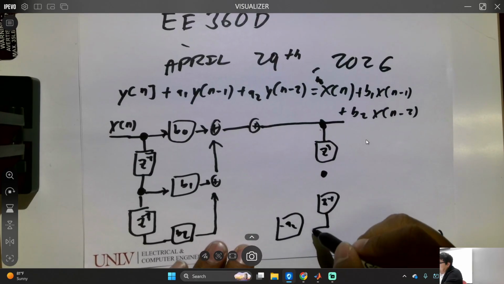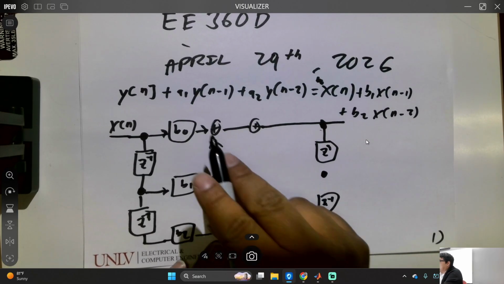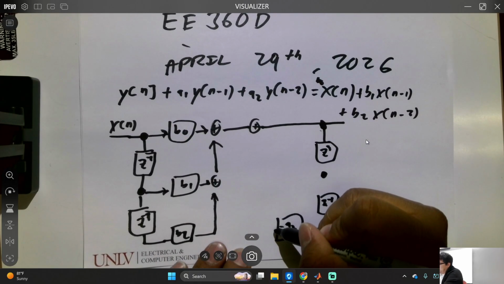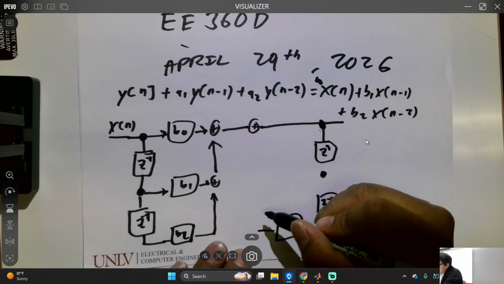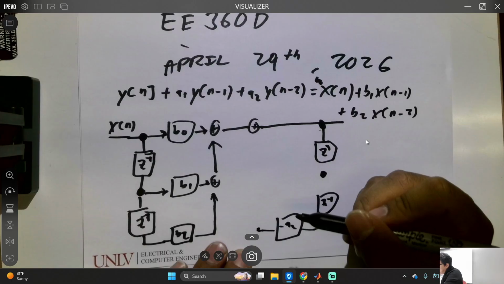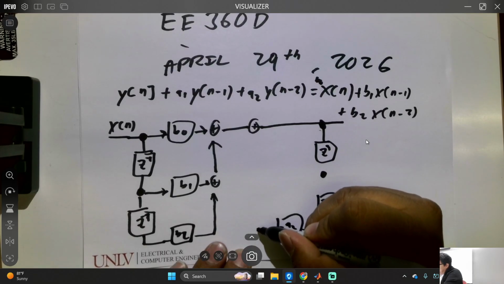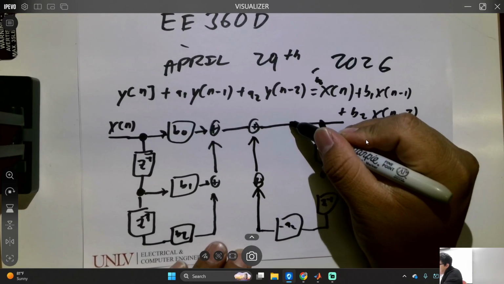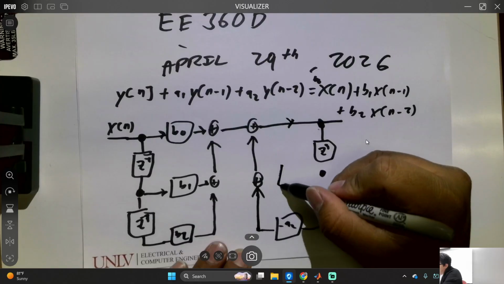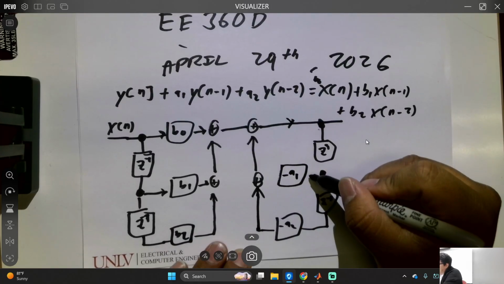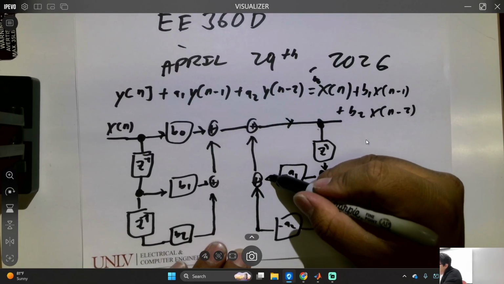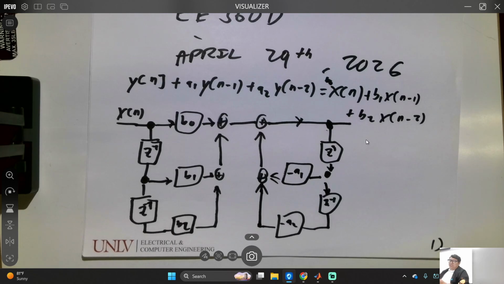Where's the minus coming from? If I move this to the other side, what does the output see? Don't fail me, all right? I'm counting on y'all. Delay, plus, boom, and then minus a1. Boom. Any questions about this?